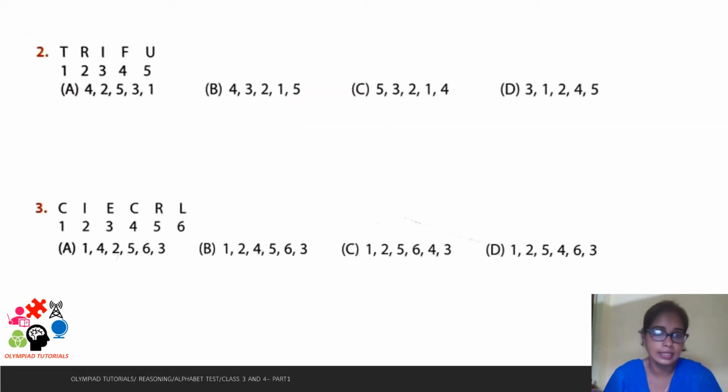See now here in this option you can see again TRIFU. Now we'll just try to solve it using the option method.